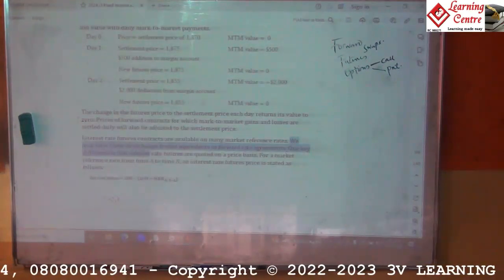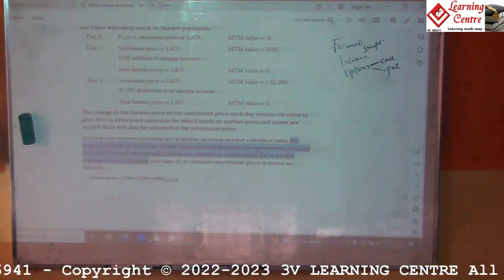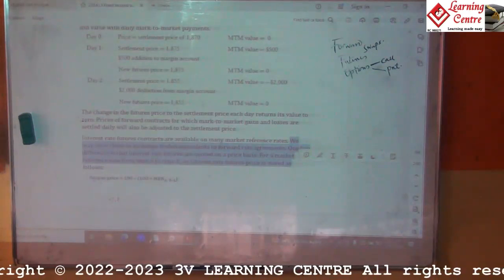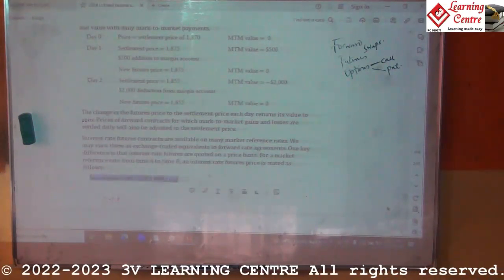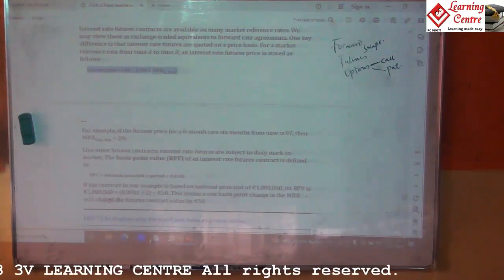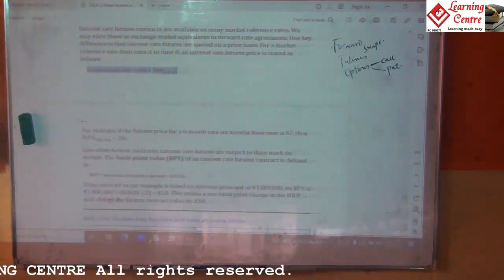One key difference is that interest rate futures are quoted on a price basis. For a market reference rate from time A to time B, an interest rate future is stated as the sold. Just the formula you need to know for interest rate futures. But the main ones that usually come out are the ones we spoke about. Okay?